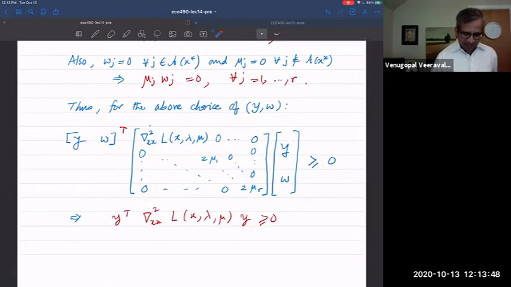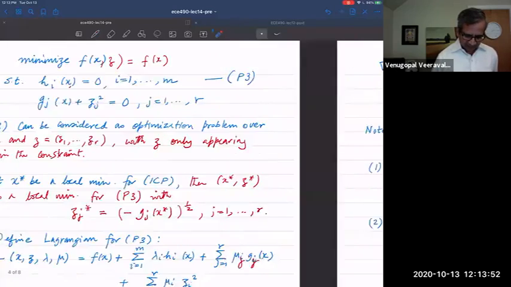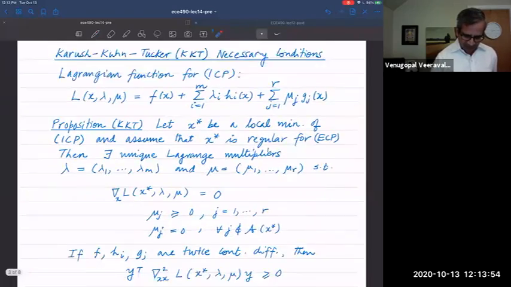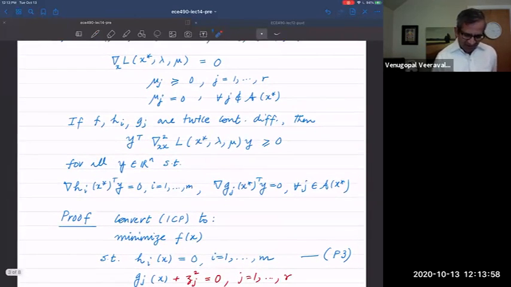And that was the second order necessary condition. Go back here. That's exactly what we said here. The second order necessary condition says that y transpose the Hessian of L of x, lambda, mu times y has to be non-negative for all y such that this inner product is 0 and these inner products are 0 for j in the active set only.